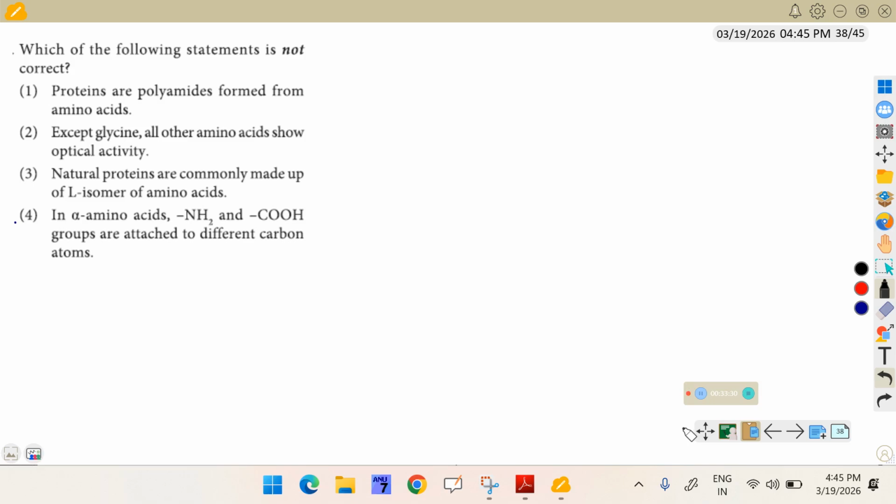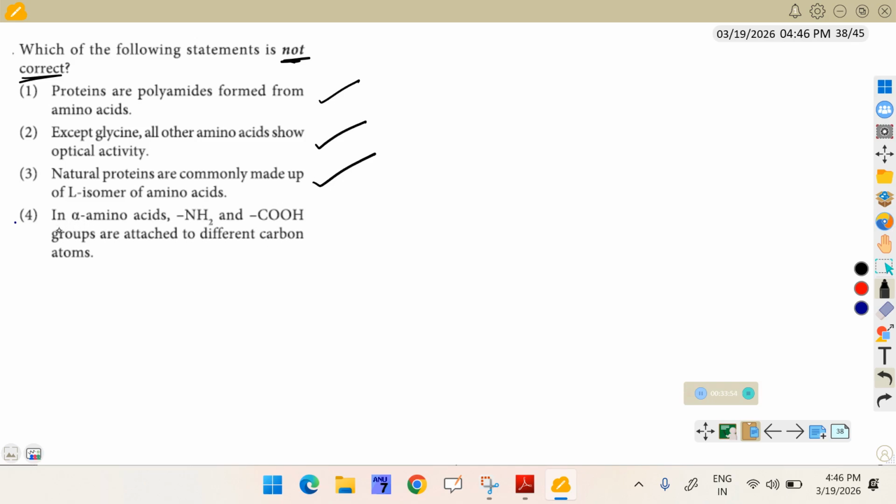Which of the following statements is not correct? Proteins are polyamides formed from amino acids. Correct. Except glycine, all other amino acids show optical activity. Correct. Natural proteins are commonly made up of L isomers of amino acids. Correct.